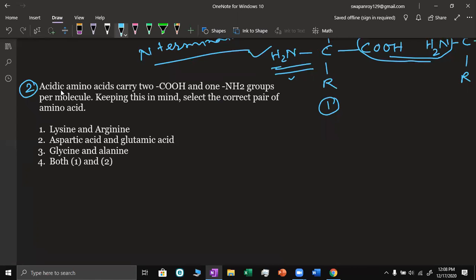Here, the acidic amino acids carry two carboxylic groups and one amino group per molecule. Keeping this in mind, select the correct pair of amino acids.